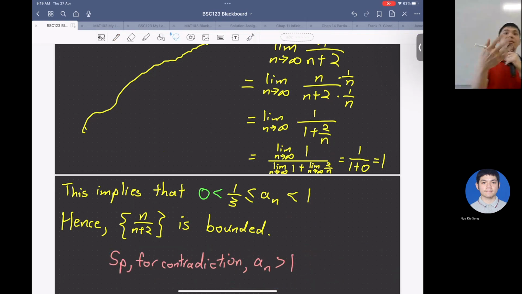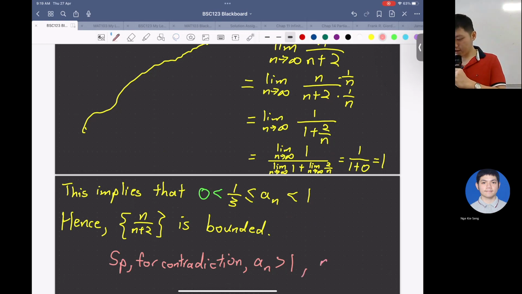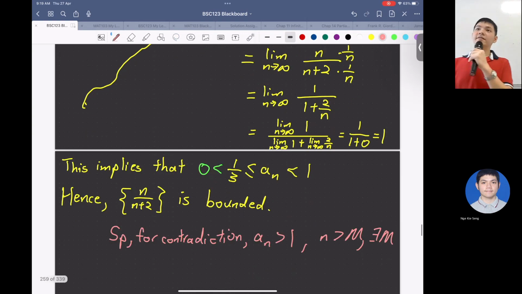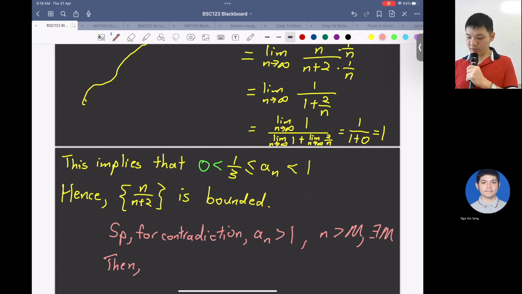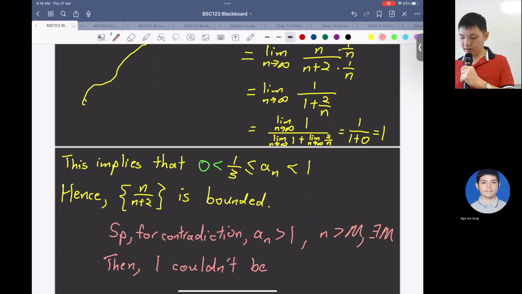Because it is increasing, your a_n will keep increasing or stay equal. This number is greater than 1, at a fixed distance from 1. So let's say for n greater than m, then 1 couldn't be the limit of a_n.